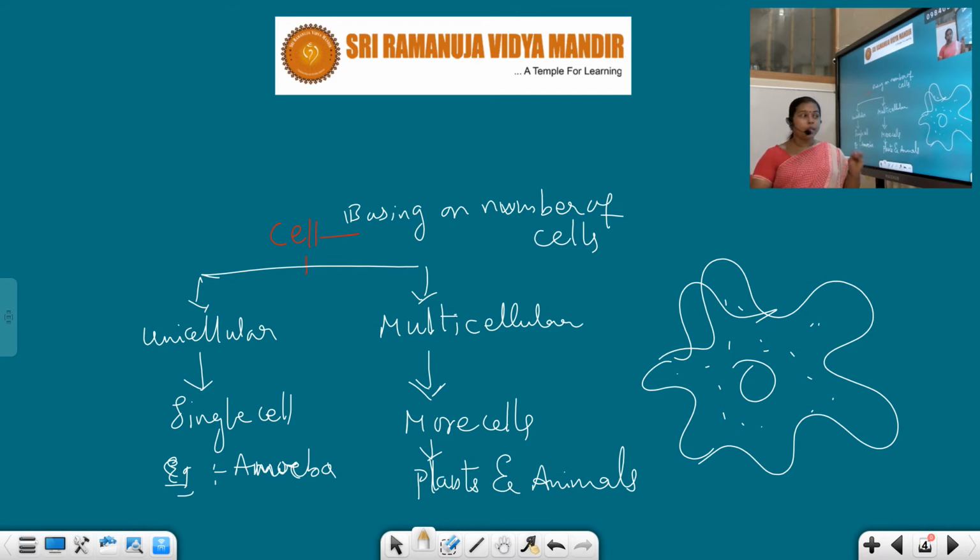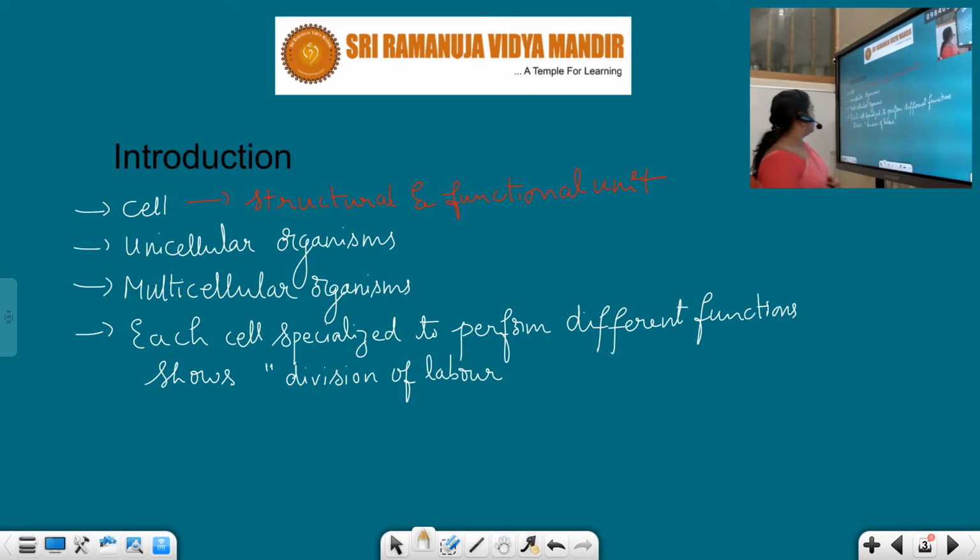But in the case of multicellular organisms, the body consists of more and more cells. Specially in multicellular organisms, each cell performs different functions, which shows division of labor. So just observe the word division of labor.